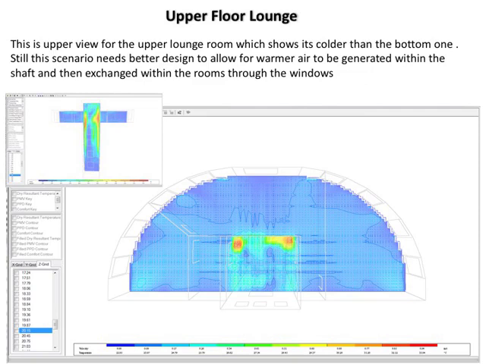Upper floor: this is the upper view of the upper lounge room, which shows it's colder than the bottom one. Still, this scenario needs a better design to allow warmer air to be generated within the shaft and then exchanged within the rooms through the windows.